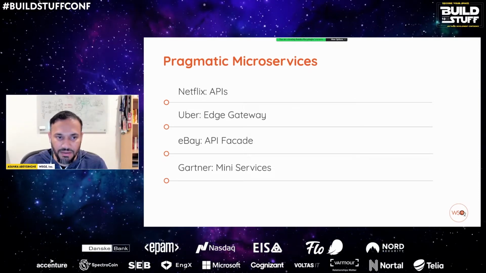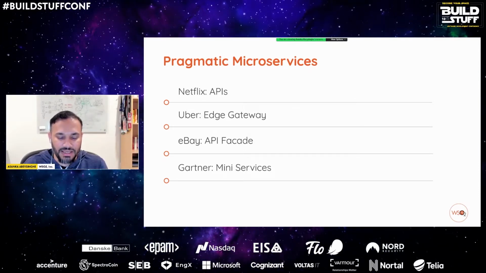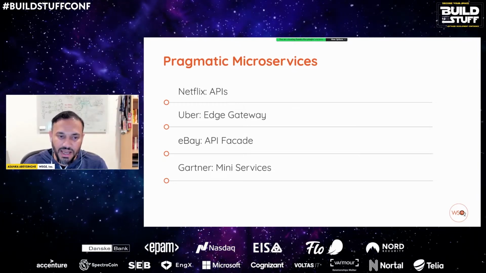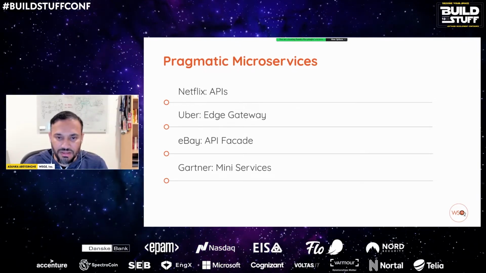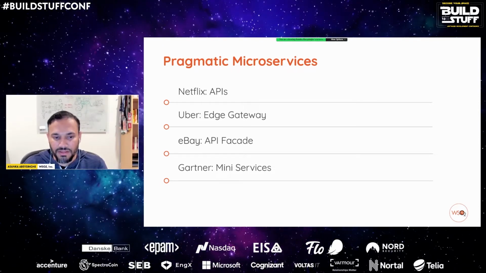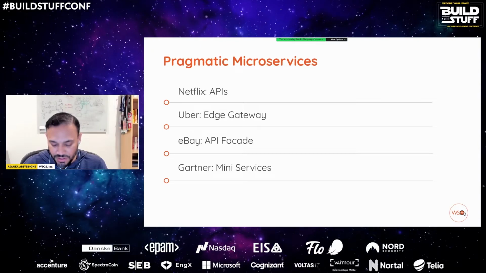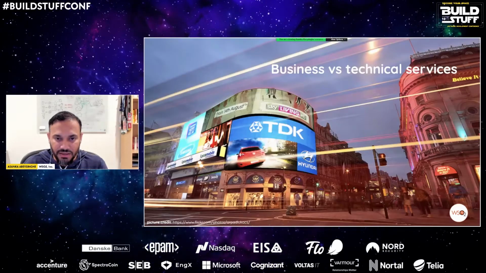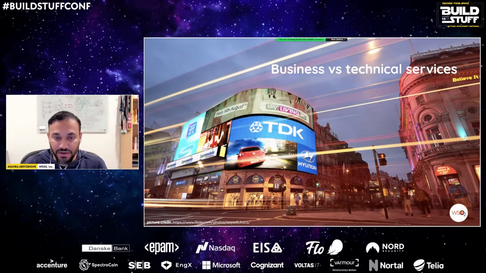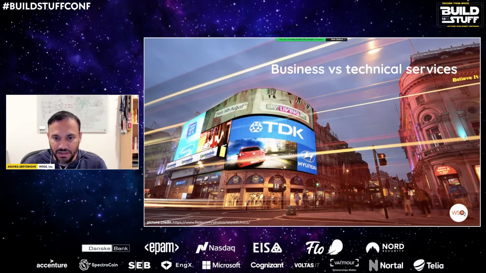Netflix called it APIs, Uber called this edge gateways, eBay called this API facade pattern, and even Gartner introduced this concept called mini services on top of microservices, which act as a composite service. So let's look at what this service concept is and how it affects the business and technical domains.